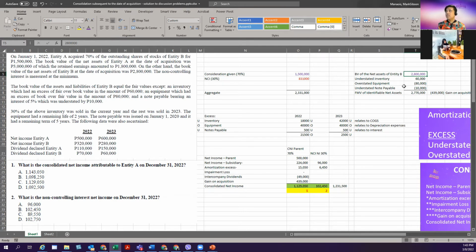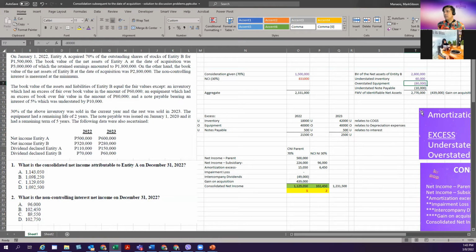So understated yung inventory natin versus the fair value, so we have to add it. Next, an equipment which had an excess of book value over fair value in the amount of 80,000. So meron namang overstatement in our equipment, so we have to adjust it.